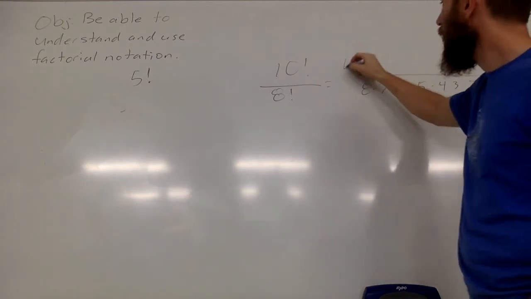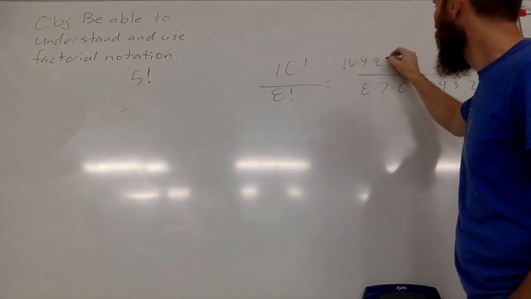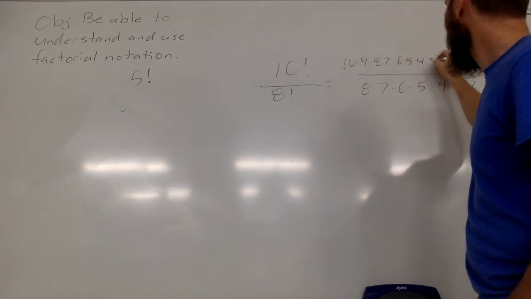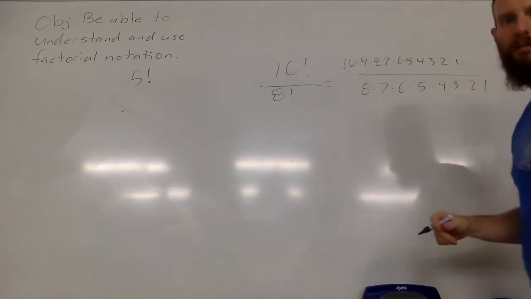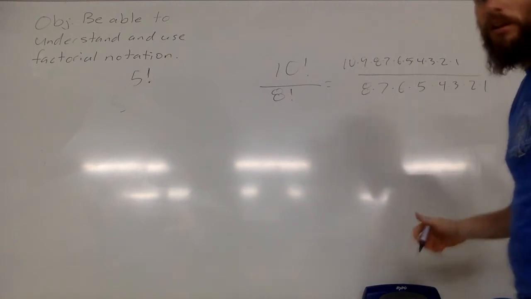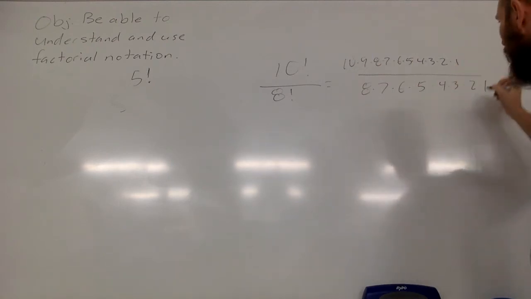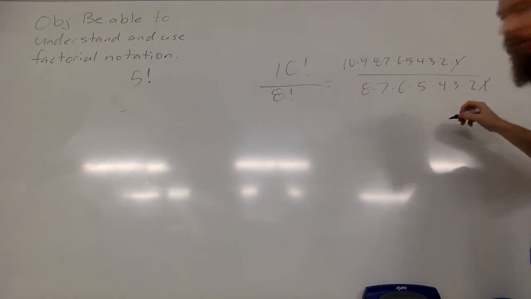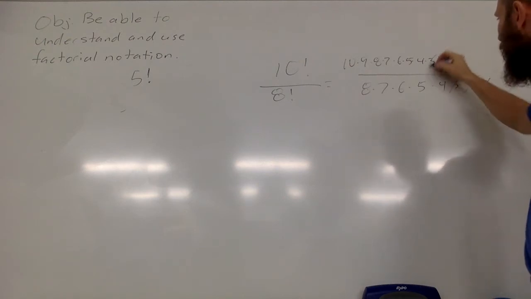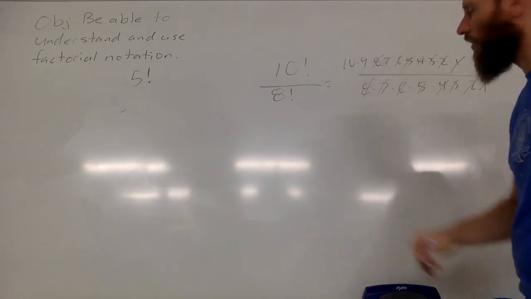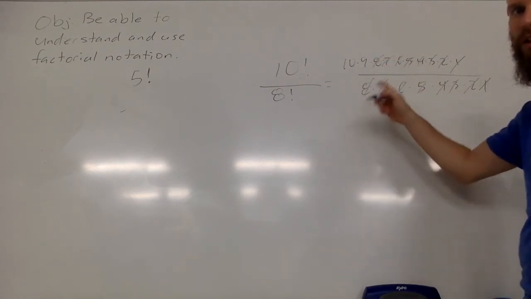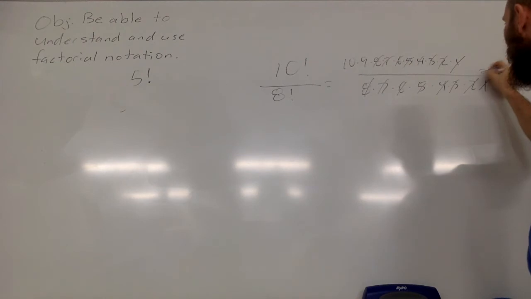And 10 factorial is 10 times 9 times 8 and so on, right? So we could do this the long way and then see that the 1's cancel and the 2's cancel and 3's cancel and so on, all the way up until 8 factorial. Then we're left with 10 times 9 on top, which gives us 90, okay?